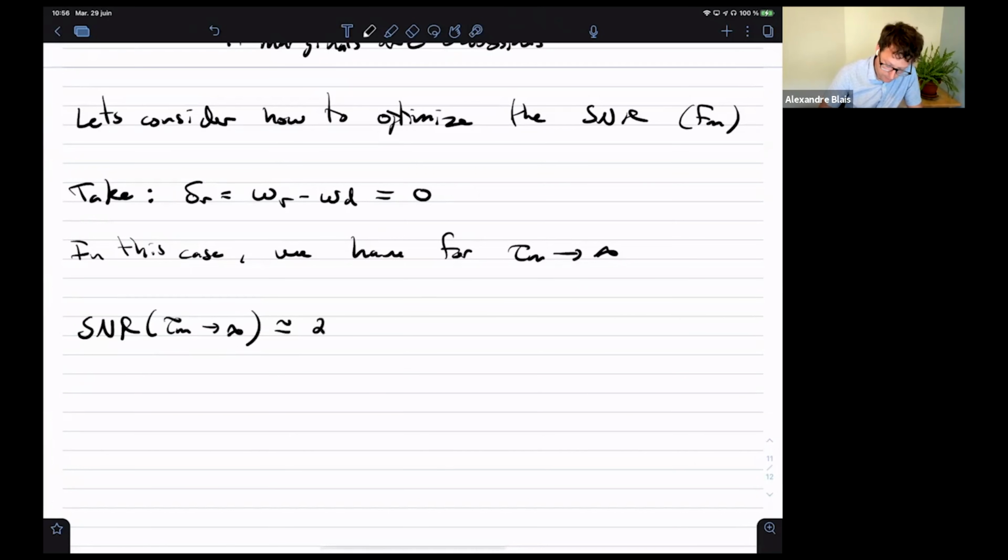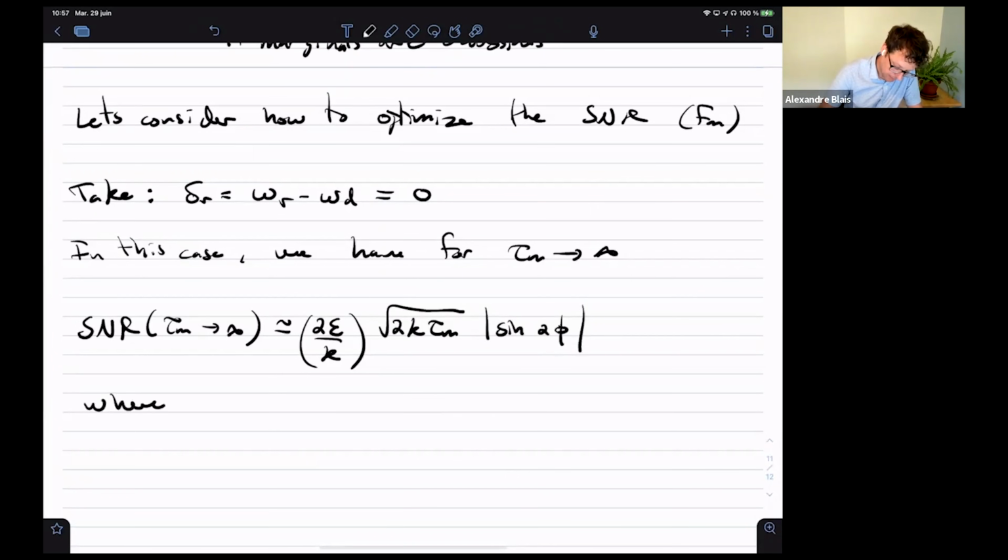It's given by 2 times epsilon, the amplitude of the drive, divided by kappa, photon loss, times 2 square root of 2 kappa times the measurement time, multiplied by some factor, which is sine 2 phi, where phi is equal to plus or minus the arctan of 2 chi over kappa, okay?